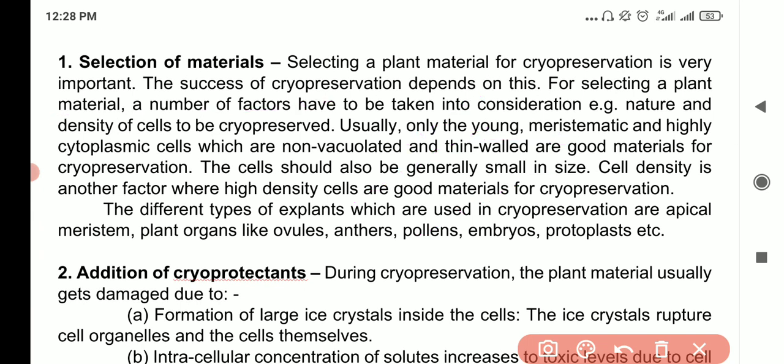Meristematic, I've been telling you, means those very, very highly dividing cells. Like the shoot apical, which has all the information ready to produce a fully new plant. Like the zygote part, remember that embryo part. I'm not going to go back again because I'll be wasting time. This video will go for hours and hours.